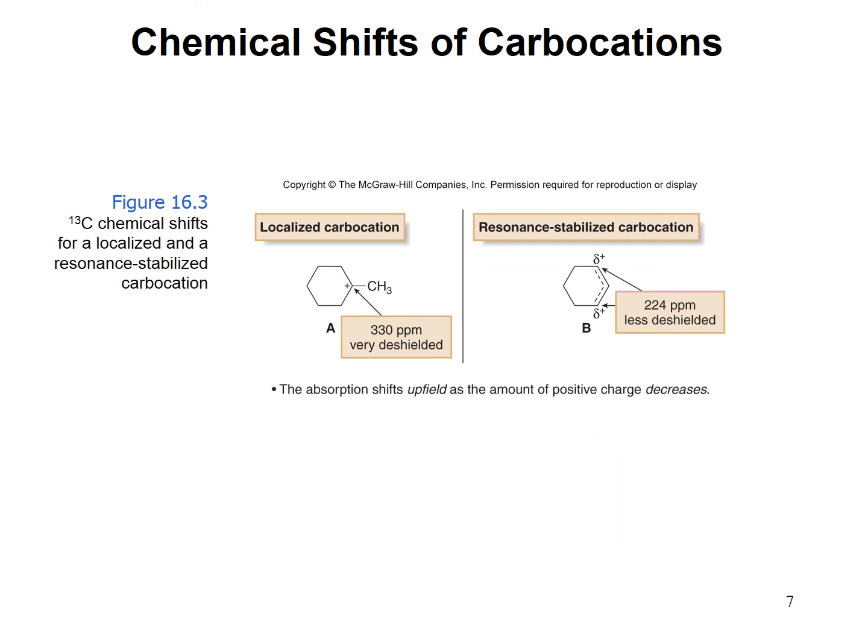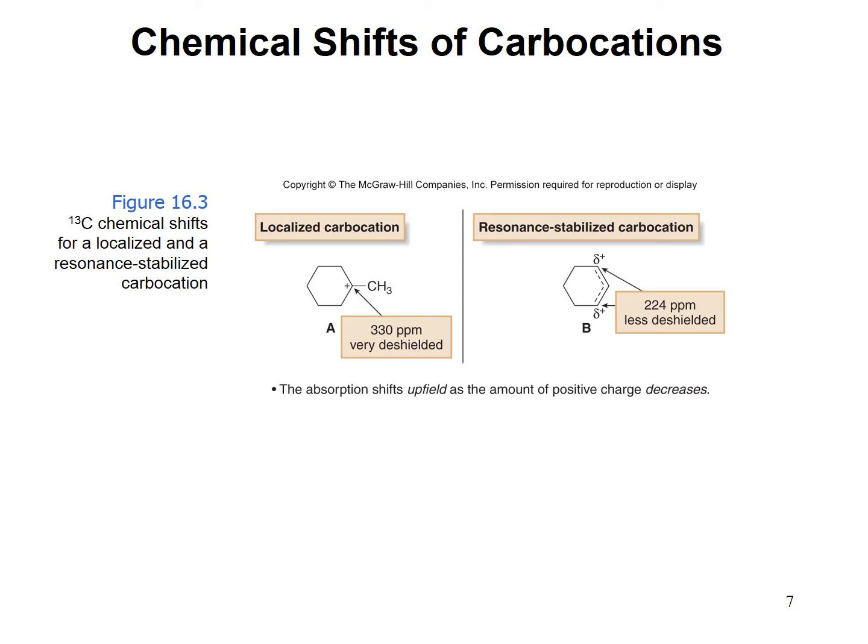So, how can we tell if we have an allylic carbocation? Well, the first thing we want to do is figure out what chemical shifts are possible with a carbocation.